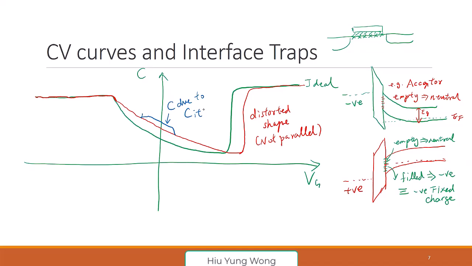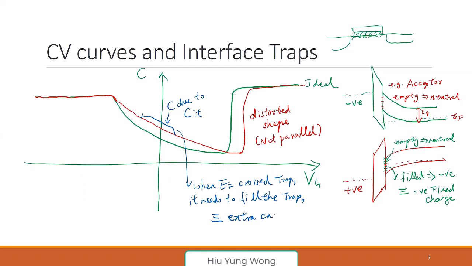When your Fermi level, when EF crosses the trap, it needs to fill the trap, correct? When you cross it, you need to fill it. That is just equivalent to having extra capacitance, because you need to put extra charge in order to increase the gate voltage.